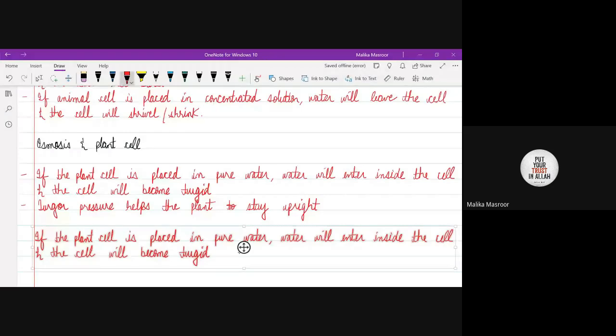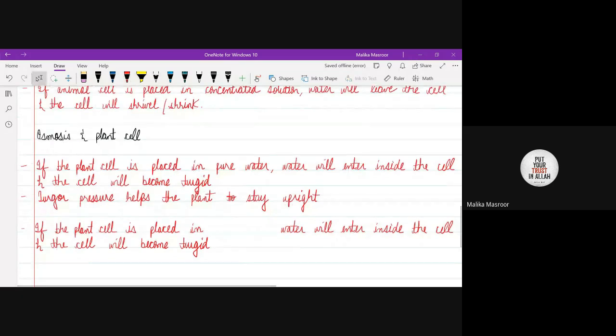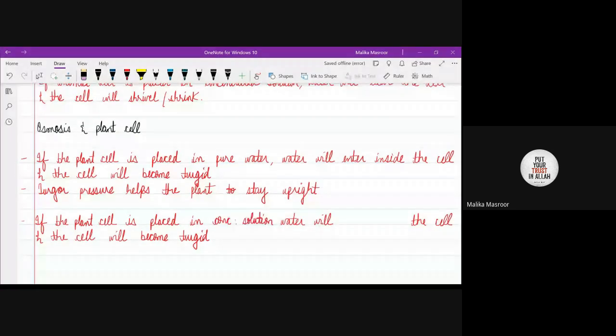In a concentrated solution, the cell will become flaccid.